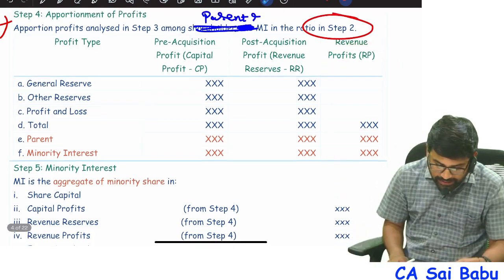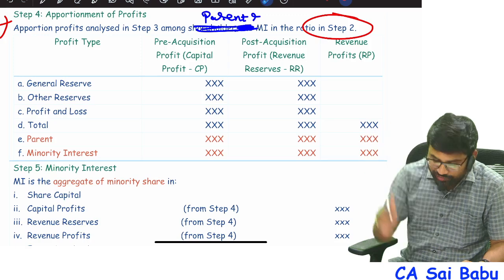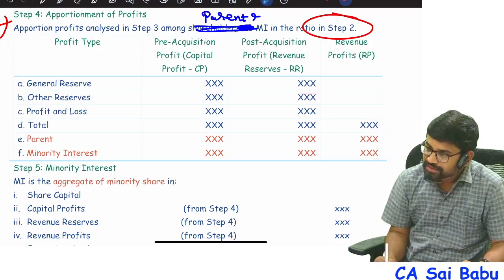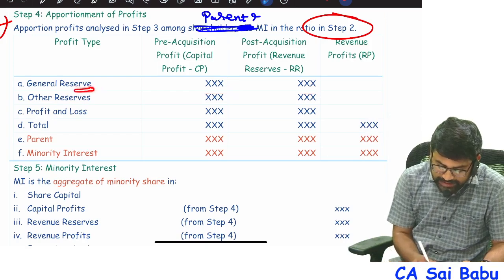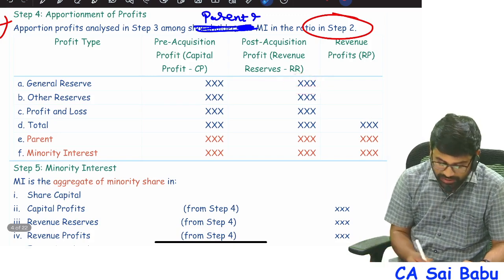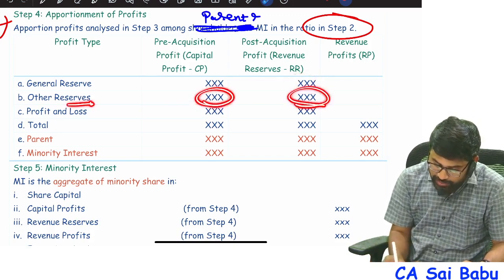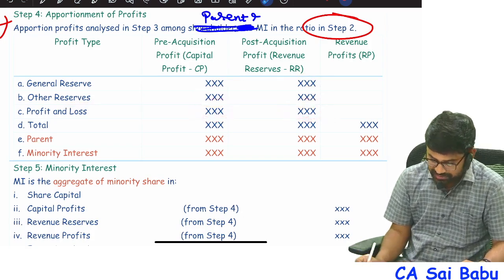Okay, say one by one reserve. See, general reserve. Already you divided into pre-post. So take each reserve. You already did it in step number 3. In this general reserve, how much is the pre-acquisition? How much is the post-acquisition? In other reserves, how much is pre? How much is post? In P&L account, how much is pre? How much is post?